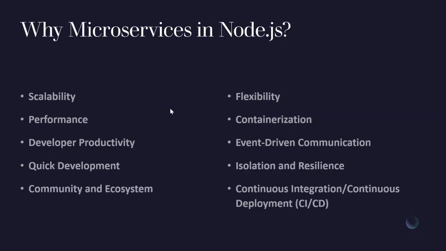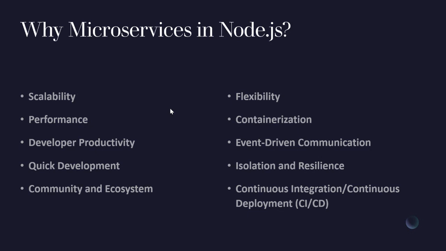Let's see the next point: why we need microservices in Node.js. First point is scalability, which we already discussed. Node.js is known for its non-blocking, event-driven architecture, making it suitable for building highly scalable applications. So in a microservice architecture, you can take advantage of Node.js scalability to scale individual services independently based on their specific needs.